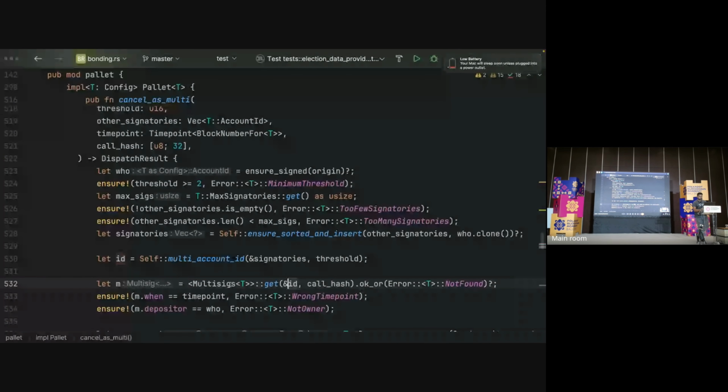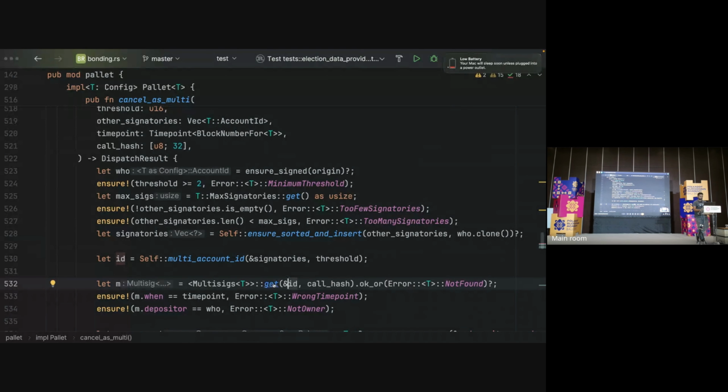What's your question? In line 532, the ID and call hash, is it a composite key? Are we getting it in a composite key way? Because I get should pass key, correct? But it's a double storage map.